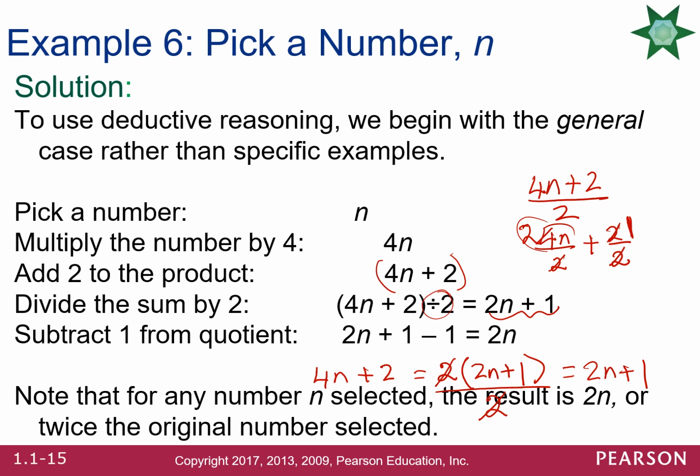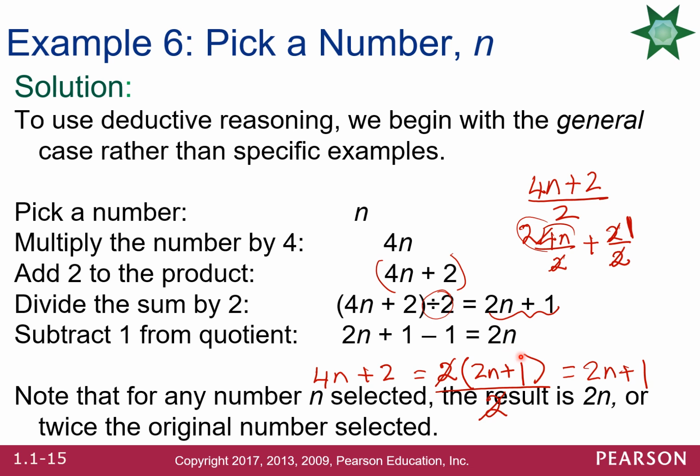So 2n plus 1 is what we get after dividing the sum by 2, and finally we subtract 1 from the quotient. The quotient was 2n plus 1. When you subtract 1 from 2n plus 1, the plus 1 and minus 1 make 0, and you're left with 2n. So what do we see here?